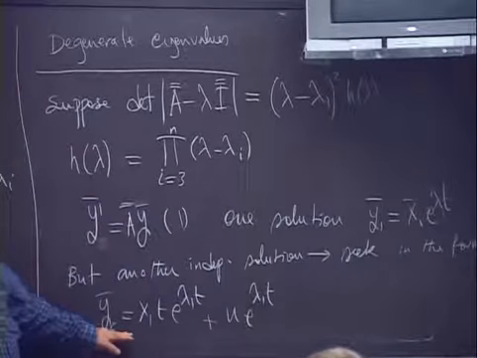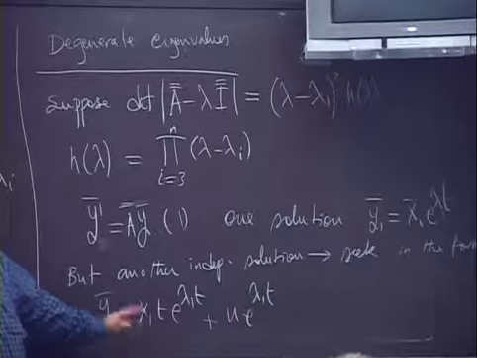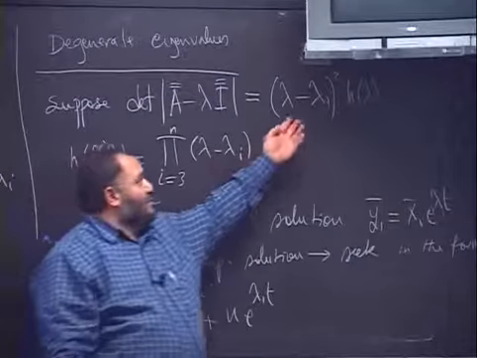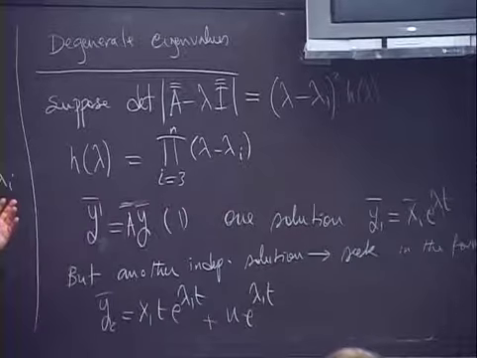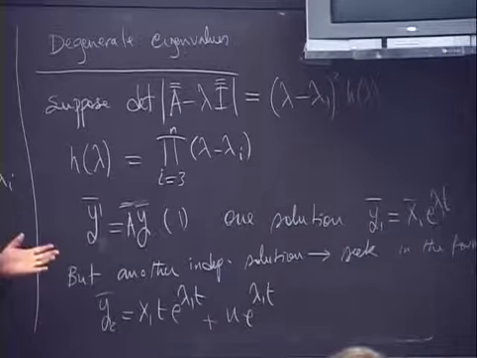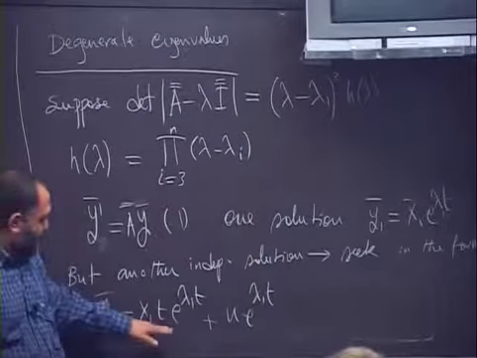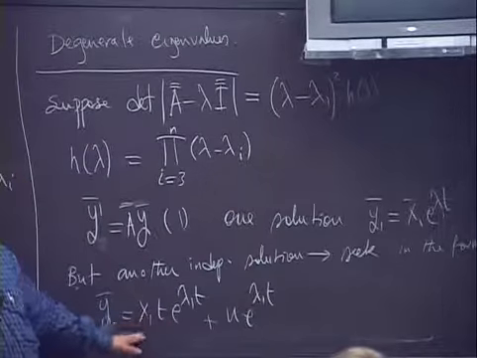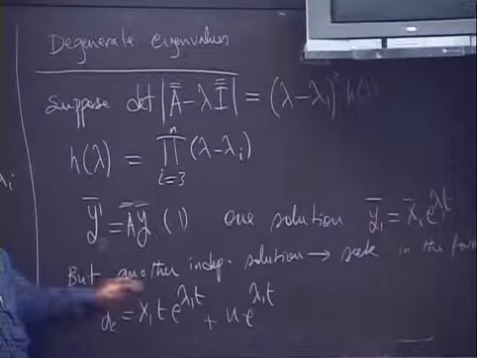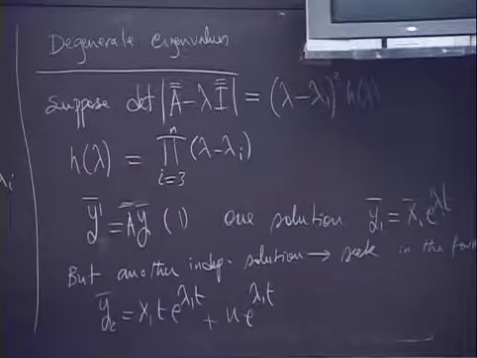If you solve an nth order differential equation, for example, and you have a repeated root, the first one will be e to the power of lambda 1 t, the second one will be t e to the power of lambda 1 t. So here is this one, t e to the power of lambda 1 t, and this is the eigenvector for the constants, and this is another term that we added, u e to the power of lambda 1 t.